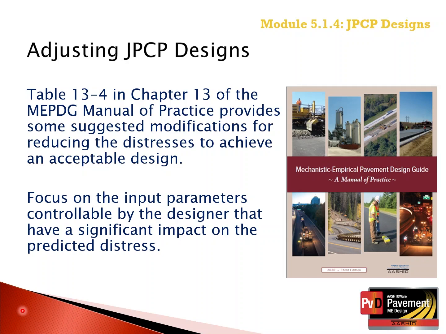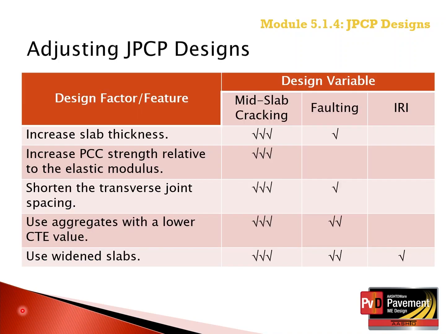The user or designer should focus on the input parameters controllable by the designer that have a significant impact on those predicted distresses and/or performance measures. So the tables that follow simply identify the design factors or features that have a significant impact on the design criteria or variable: mid-slab cracking, faulting, and IRI.